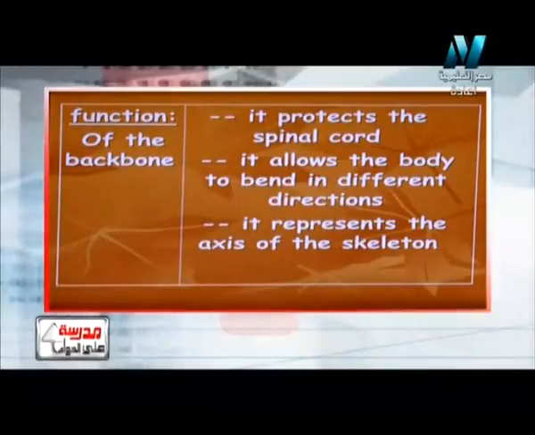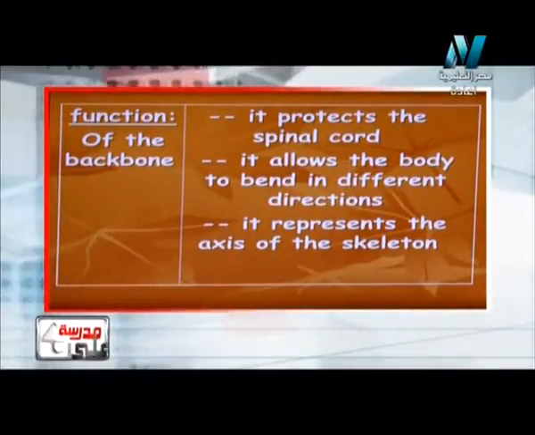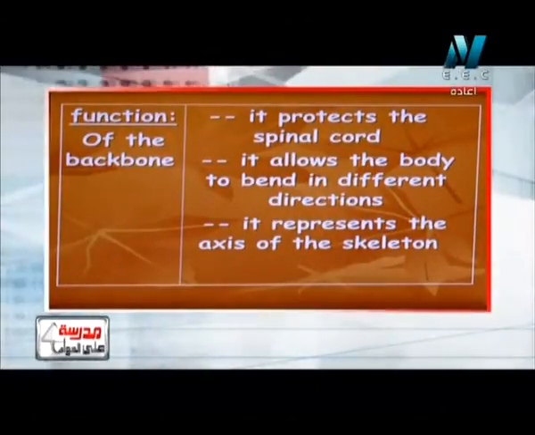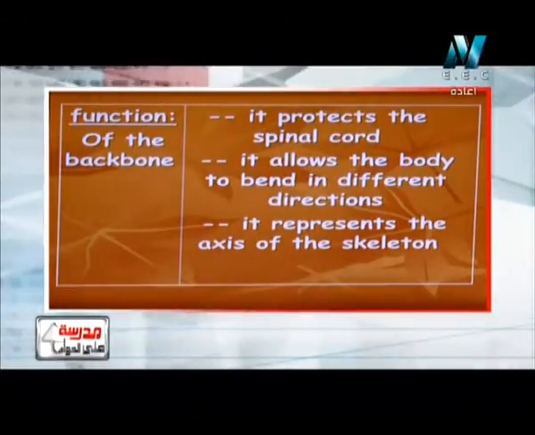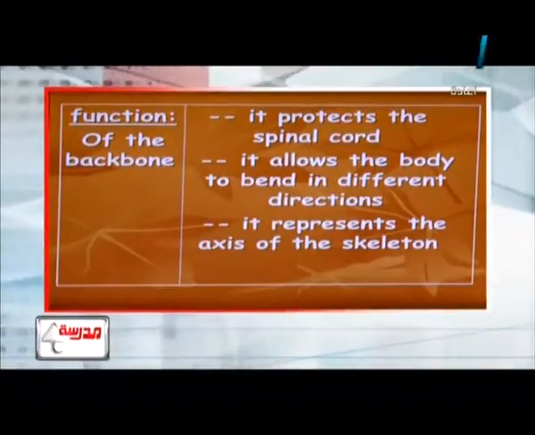The backbone is a collection, a group of bones, which is 33 vertebrae. So the backbone, or vertebral column, consists of 33 vertebrae, so that it allows the body to bend in different directions.